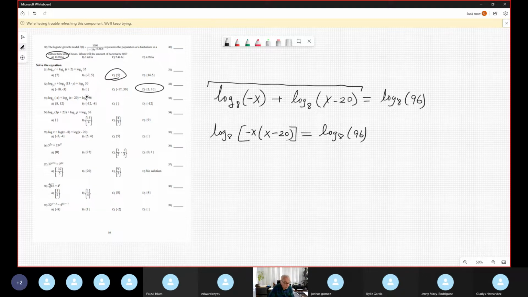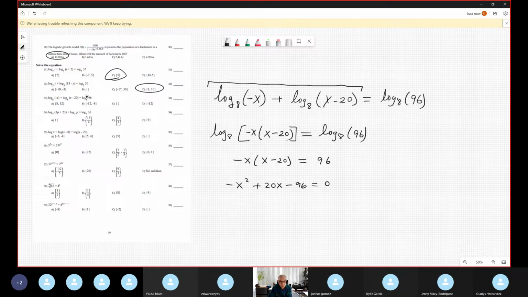Okay, you delete the logarithm because it's the same, and you have the equation like that. It's minus x times x minus 20 equal to 96. Okay, ready to distribute the properties: minus x squared plus 20x minus 96 equal to 0. Okay, I don't feel comfortable with this equation.